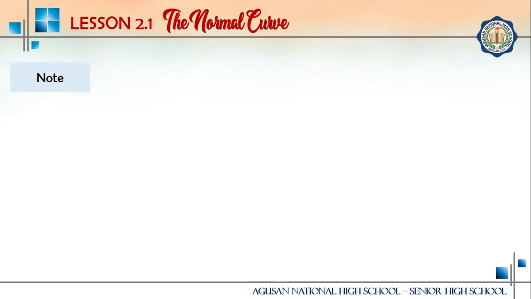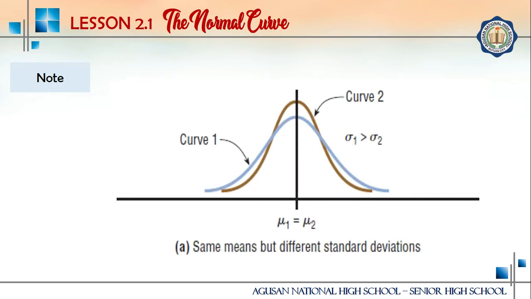So let's have some illustrations. Can you spot the similarities and differences? We have two normal distributions. They have the same means, no? The mean of curve 1 is equal to the mean of curve 2, correct? But they differ in the standard deviations.